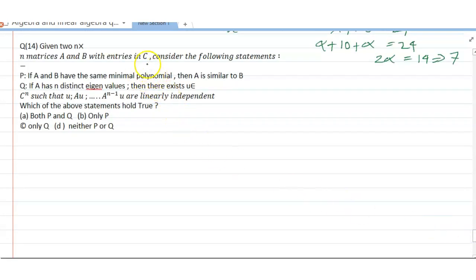And the next problem, friends, is a statement type problem. Given two n cross n matrices A and B with entries in C, consider the following: if A and B have the same minimal polynomial, then A is similar to B. Now we are discussing the similarity problem.